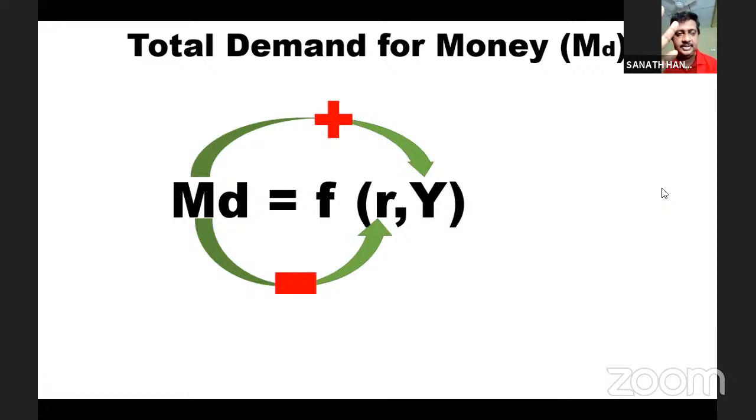Sometimes they ask MCQ based on this idea. Keep it remembered well. Money demand and interest rate has a negative relationship due to the speculative demand for money. Money demand and income has a positive relationship due to transaction and precautionary demand for money.